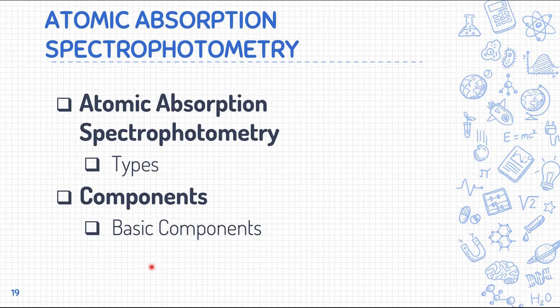So, in a nutshell, that is your atomic absorption spectrophotometry. You have your basic components, and of course, that is all about it. We discussed the atomic absorption, the components, and of course the different functions of those components within your atomic absorption spectrophotometry.